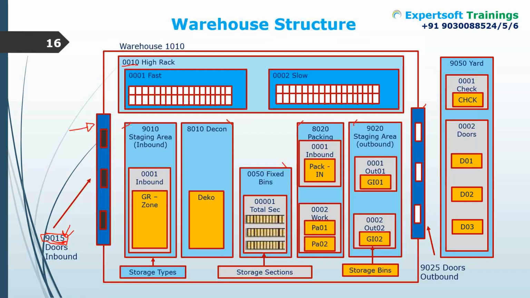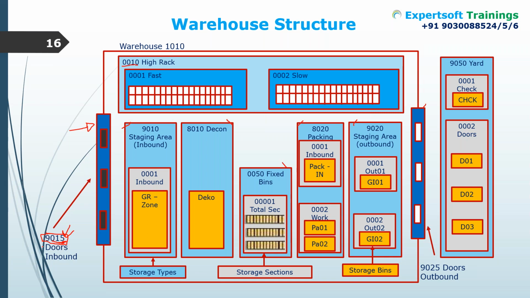So basically, based on your warehouse blueprint, don't worry, we'll discuss this topic in detail whenever we see it in our upcoming classes. Based on your blueprint, you will decide what storage types are required for your warehouse.